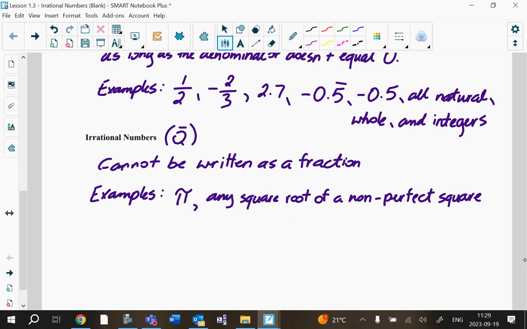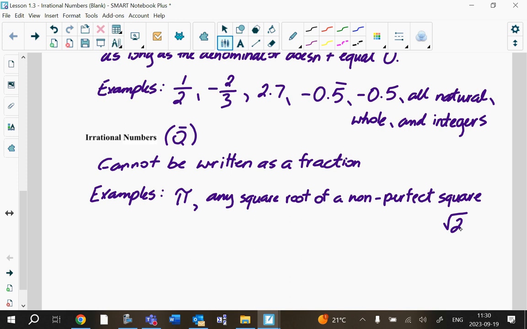That means it's also rational because you can write that as a fraction. The square root of 2, however, is 1 point something. And that decimal goes on forever, never repeats, never ends. So the square root of 2 would be irrational. So would the square root of 3, but not the square root of 4, because that's 2. So as long as it's a non-perfect square, it's also irrational.